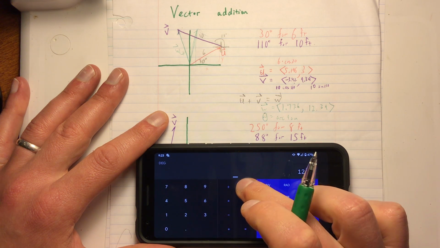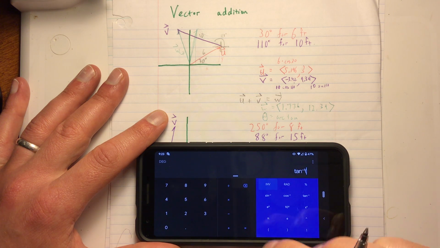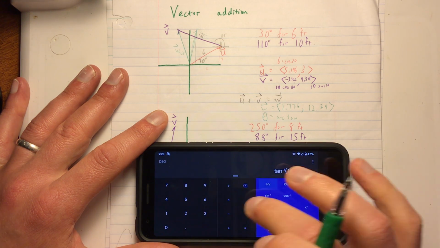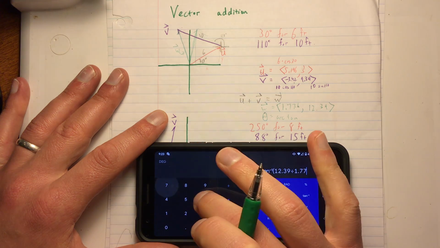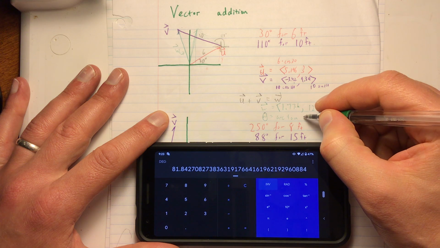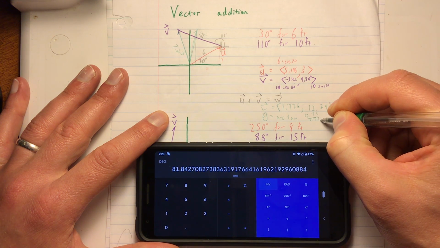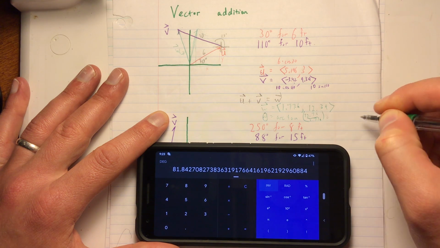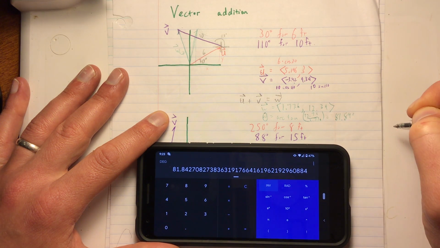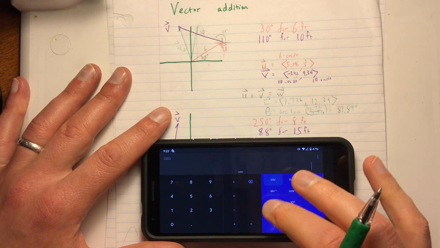Arctangent of 12.39 divided by 1.776. So we have to go 81.84 degrees.